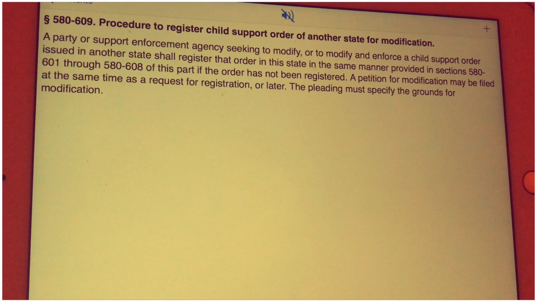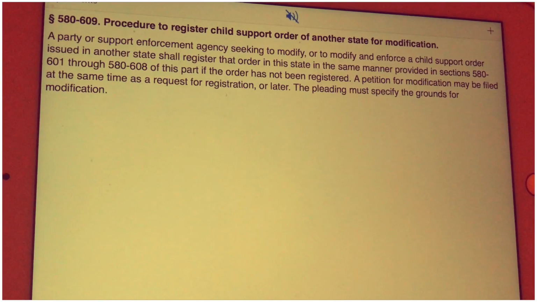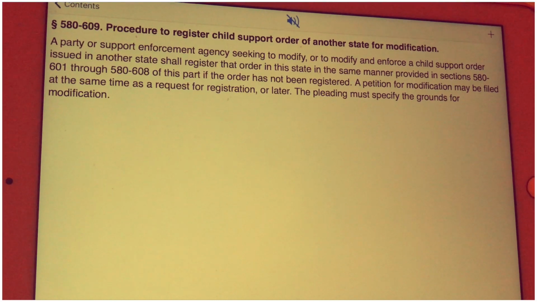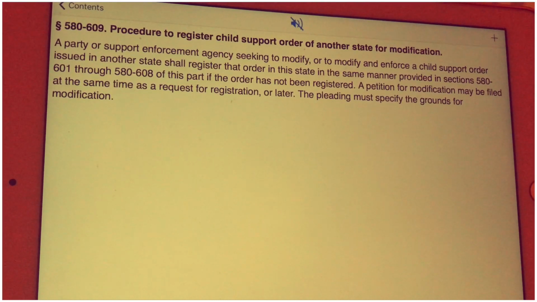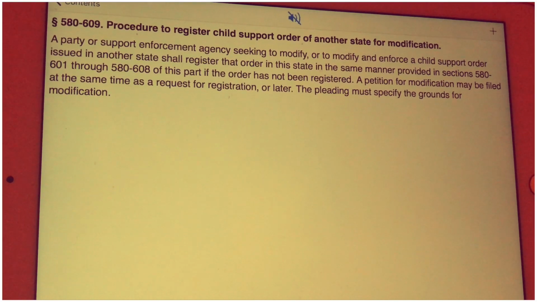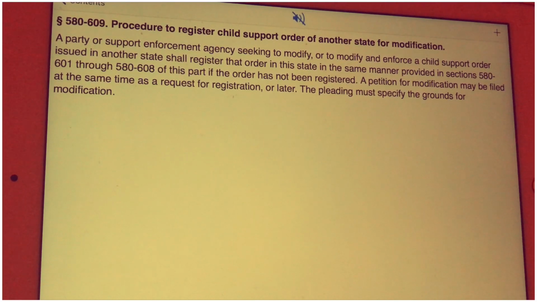So that's why all it says in the statute, because I just checked, is that a petition may be filed at the same time as a request for registration or later, and that the pleadings must specify the grounds for modification. Now, this is talking about a procedure to register a child support order for modification.